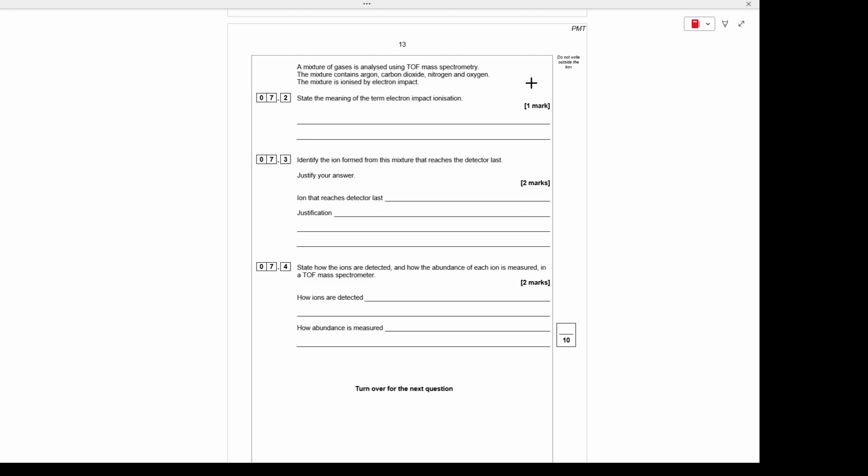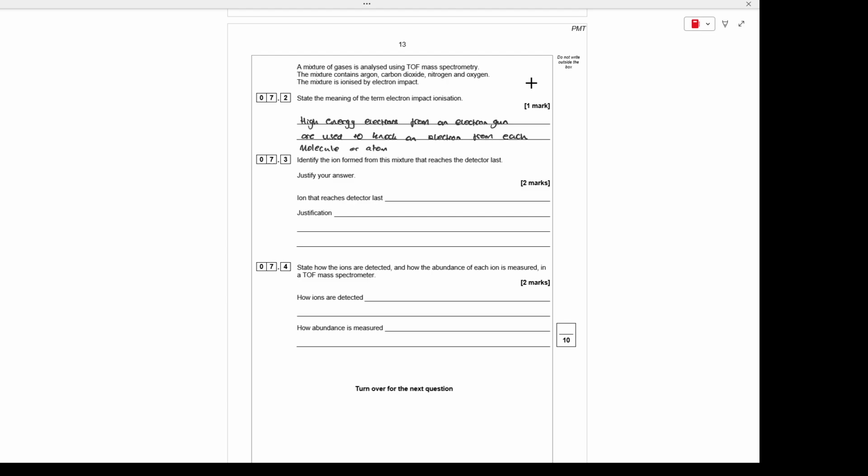So you can just say high energy electrons from an electron gun are used to knock an electron from each molecule or atom. Okay, so just a nice definition there. You could make a flashcard or something, but it could definitely come up.